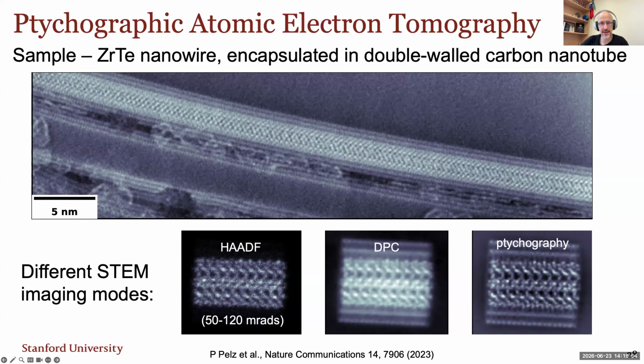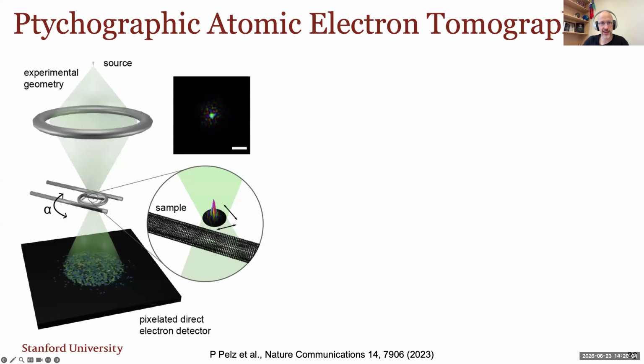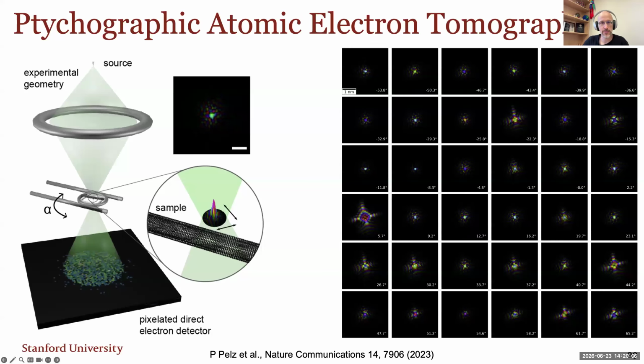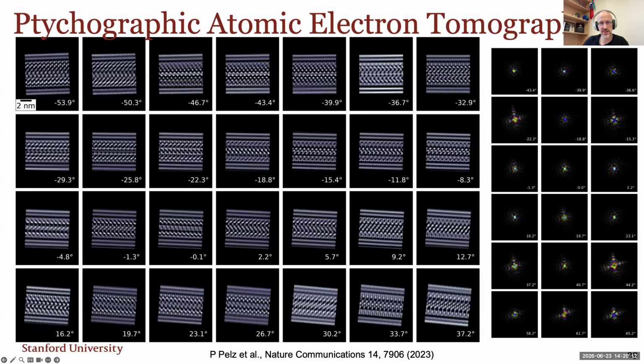Only ptychography is able to get the atomic resolution details in the nanowire and the double wall carbon nanotube. And so having selected ptychography, we scan and reconstruct the probe, and then we repeat over many different tilt angles. And so what this gives us is a very wide range of projected structures in 2D.